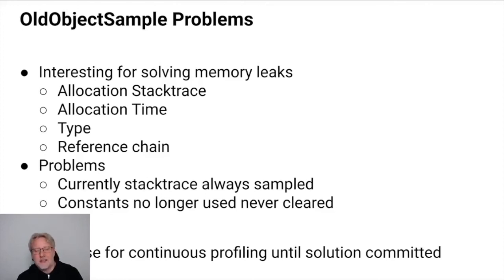And the second is constants that aren't used anymore will never be cleared. So these can grow very quickly and grow very large, and they won't shrink. So you can't really use the old object sample events currently for continuous profiling until we've solved that problem.